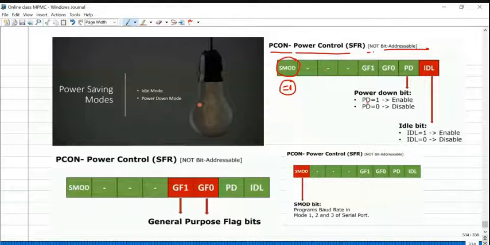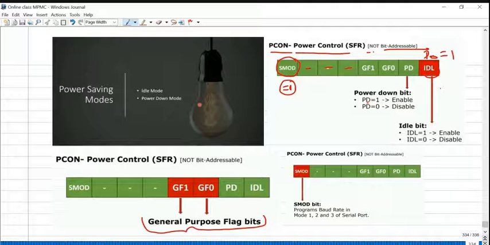Next 3 bits are reserved: D6, D5, D4. Okay. Next, D3, D2 are general purpose flag bits, and then D1, D0. D0 is idle. When D0 equal to 1, the controller will enter into idle mode.